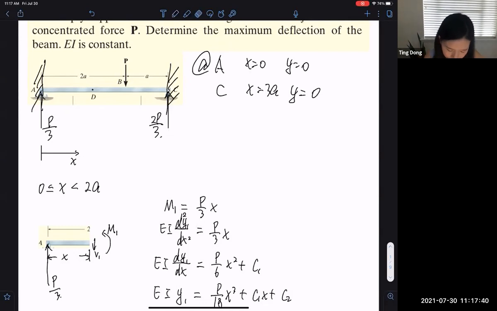But for our current boundary condition, it's free to rotate. This is a pin joint at A and C. It only constrains the displacement, but it does not constrain the rotation. So we cannot say y prime at A and y prime at C equal to 0. Is this clear?